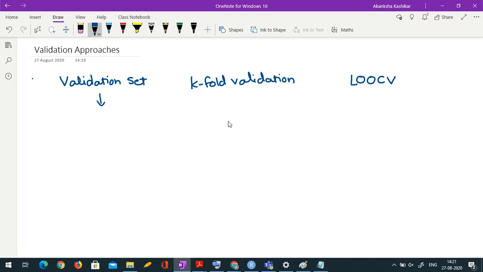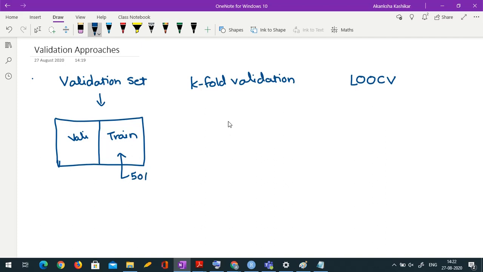In the validation set approach, what we do is, if this is my original data, I divide the data into two equal parts. One part is used as the validation set and the other part is used as the training set. So we train the model on the basis of 50% of the observations, and then we estimate the error on the basis of the validation set.